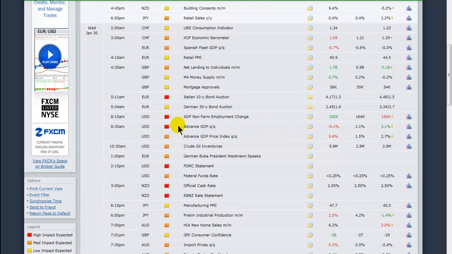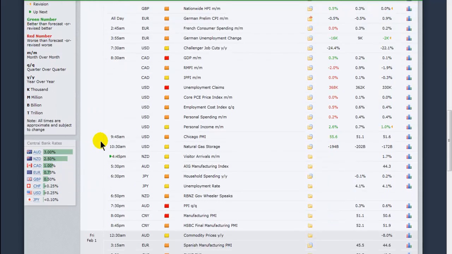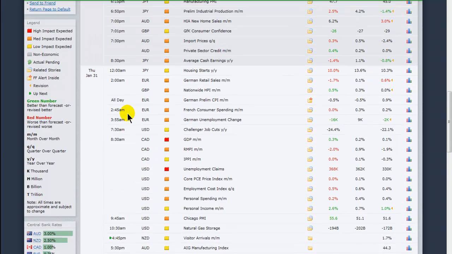So that was Wednesday. Okay, today, Thursday, there was another data. This time, it's Canada, okay? The Canadian GDP. Sorry, my concentration is going down. This one here, the red envelope again, 8:30. So today is Thursday, the 31st of January. On Wednesday, we saw the GDP for United States.